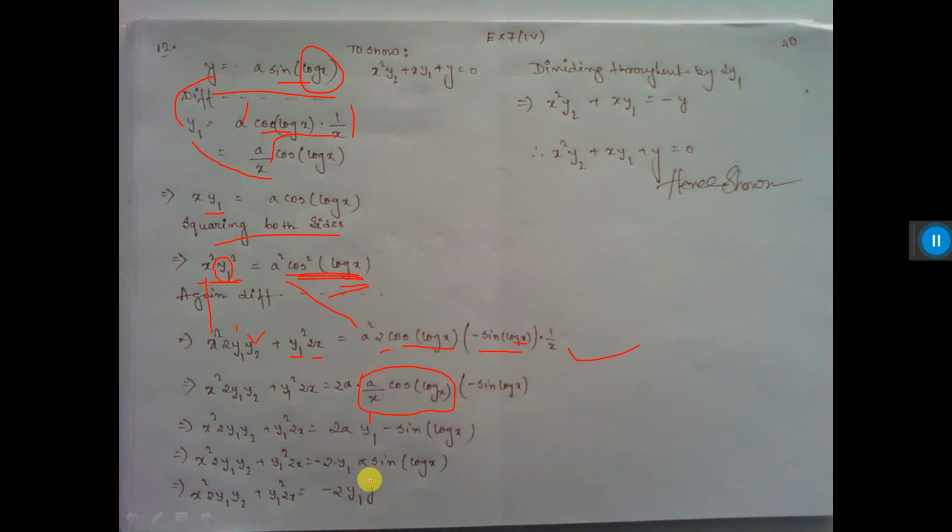Then here 2y1 into y, what is the value of y? a sin log x, see, a sin log x is y. If you divide by 2y1 both sides, then 2y1 will be cut, then the remaining portion is this. Bring y left side, the proof you got, so the sum is done.